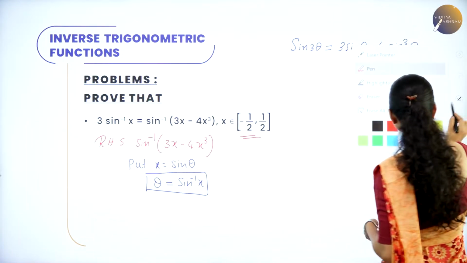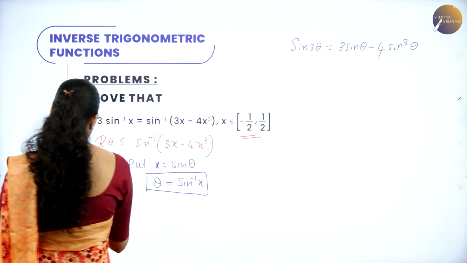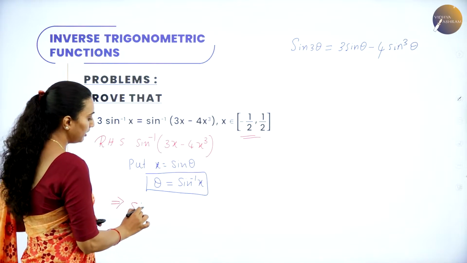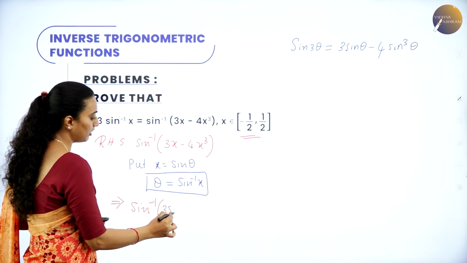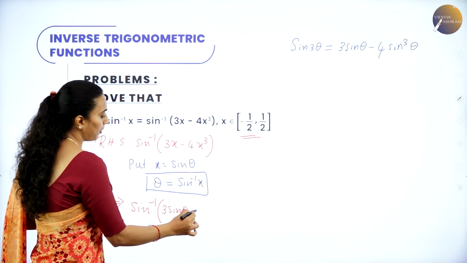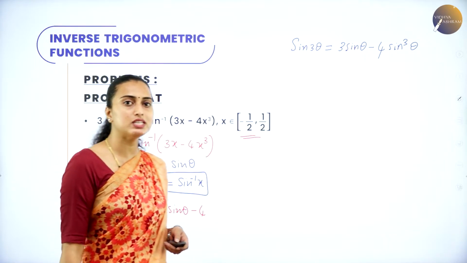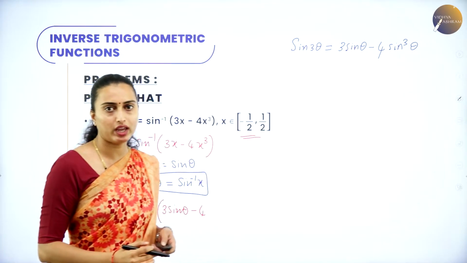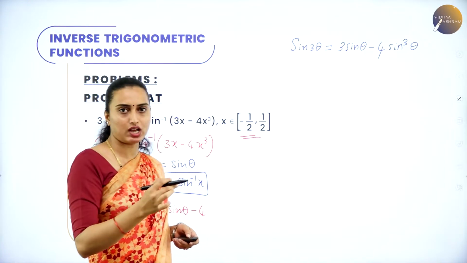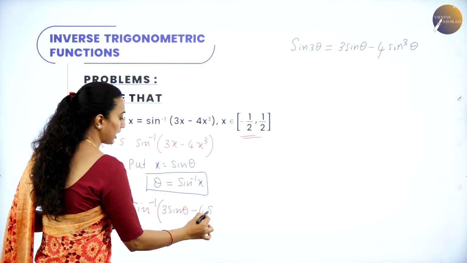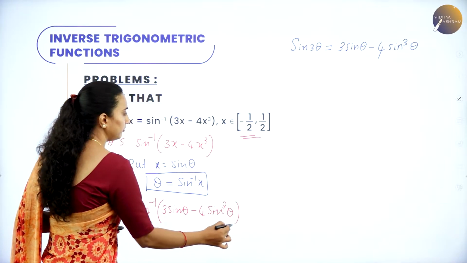So therefore I am going to substitute accordingly here. What is the substitution? So I can substitute here as sine inverse of, which implies sine inverse of 3 sine theta minus 4 sine theta whole cube. Sine theta whole cube is sine cube theta, okay, as sine theta whole power n is sine power n theta. Got?